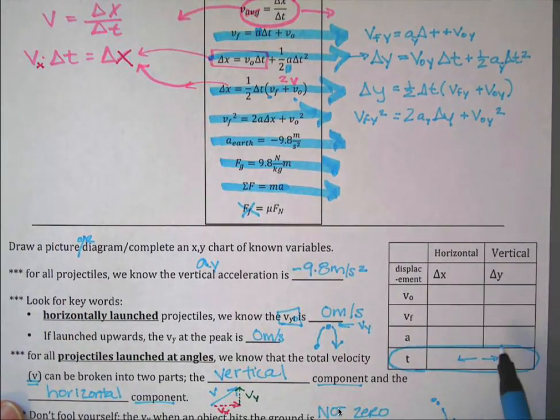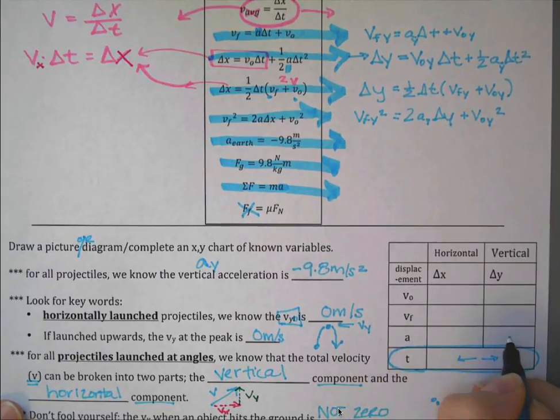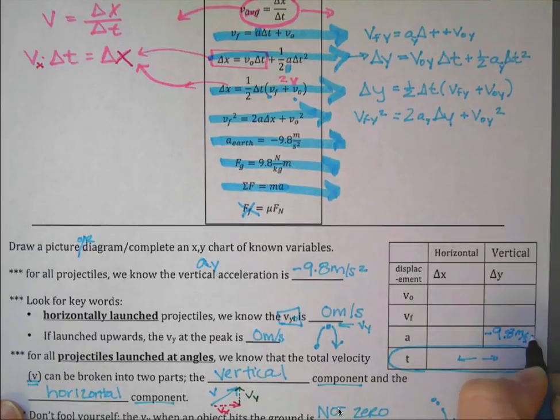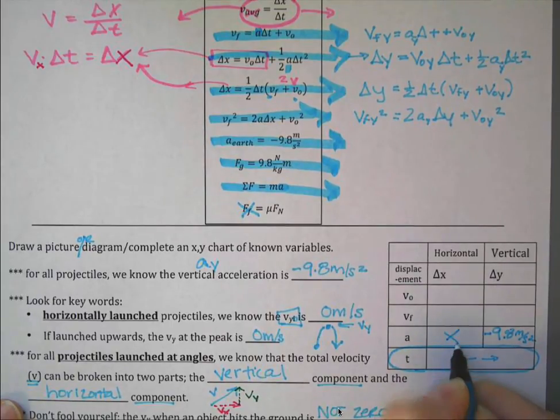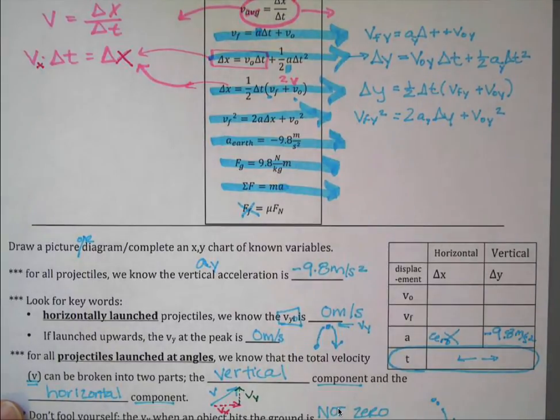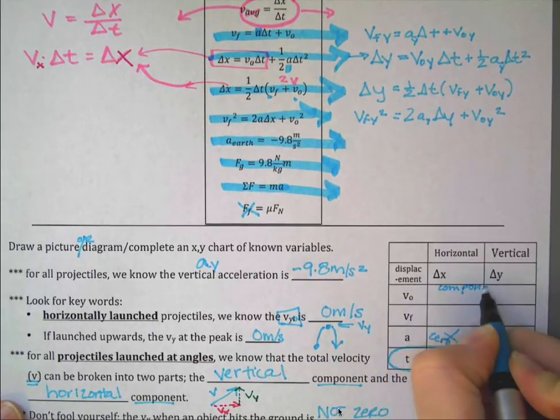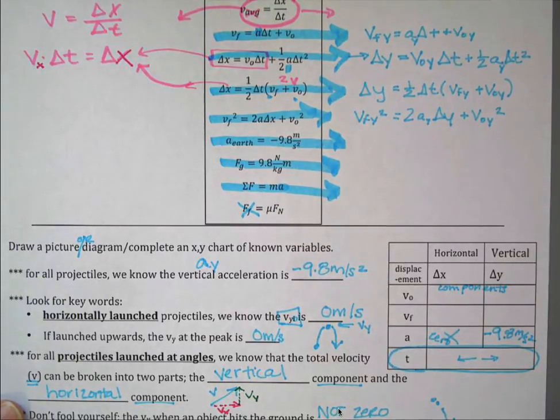Additionally, for the rest of these, we're always looking at, well, what's happening? Acceleration is the next easy one to look at. Acceleration vertically should be always negative 9.8 meters per second squared, and horizontally should be 0. For V0 and VF, this is going to be your components, if you have things fired at angles.